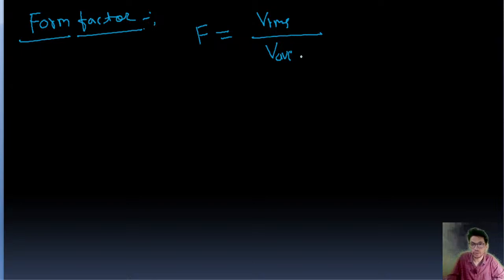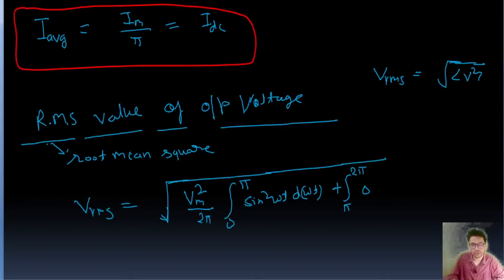So the form factor equals VRMS upon V average, that is, RMS voltage upon average voltage. And this value, VRMS we know, is Vm by 2. My apologies, Vm by 2. We have got this, right?